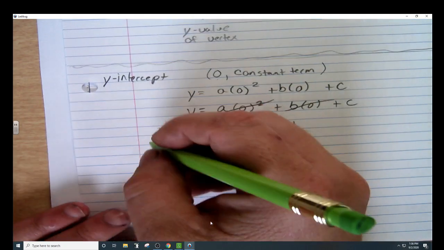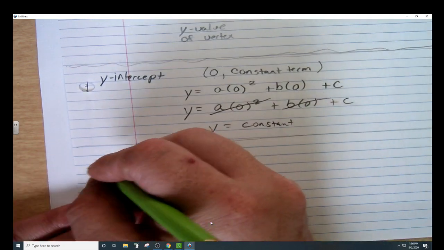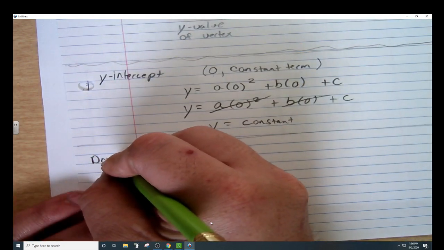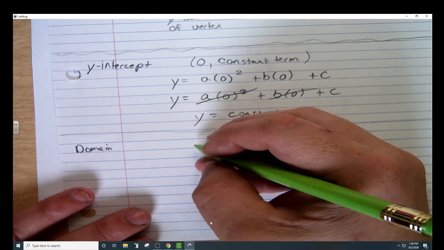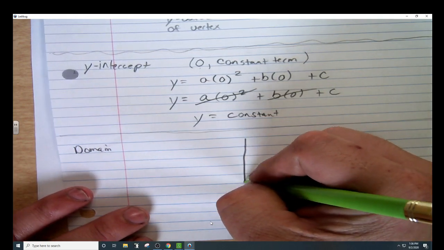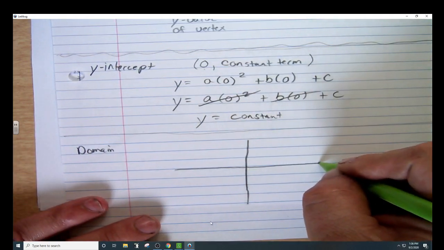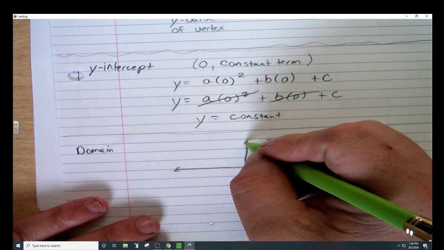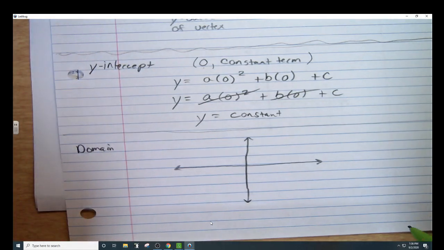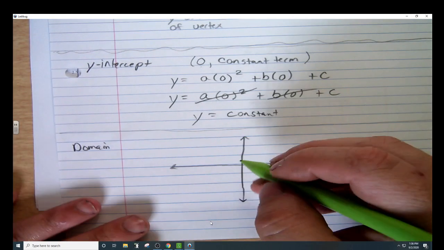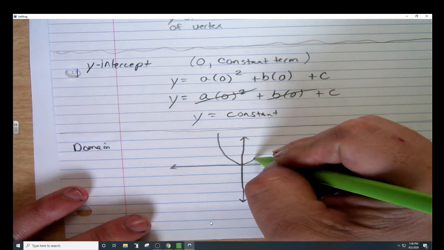Now let's talk about domain first. Domain's very easy with quadratics. Now in math 2, you will study quadratic functions and square root functions, stuff like that. At the beginning of the video, we talked about the parent function.